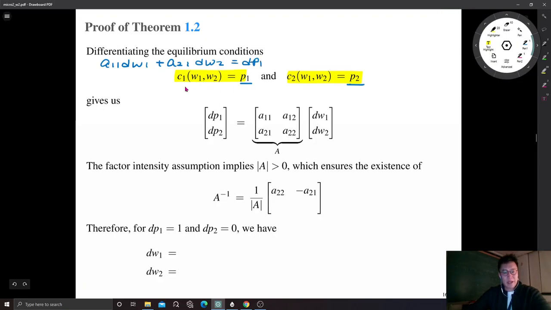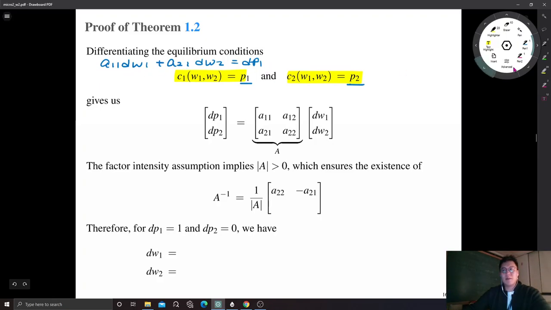Total differentiation of C1 gives us, remember Shephard's lemma, the partial derivative of C1 with respect to W1 gives us the conditional factor demand function given the target quantity, a single unit, so A sub 1,1 and A sub 2,1.